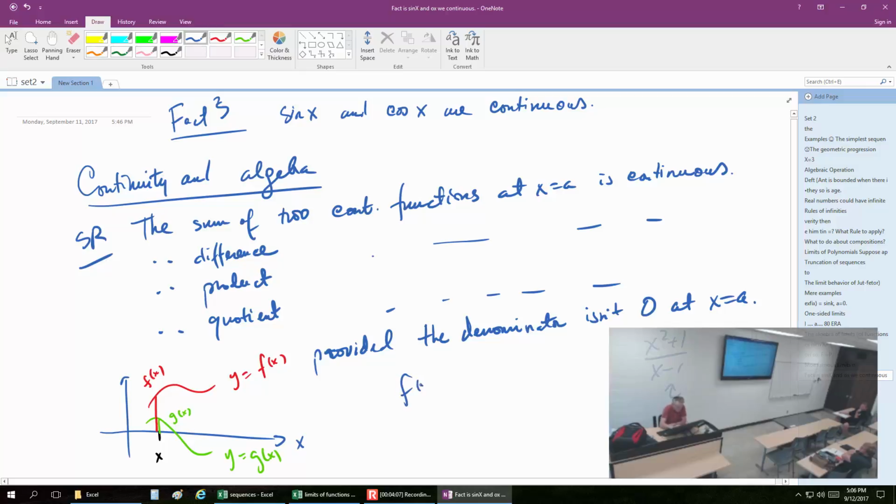f of x minus g of x. This is the red one, and this is the green one, right? So the difference is simply the difference of the heights of these two bars. Okay, so here it is.